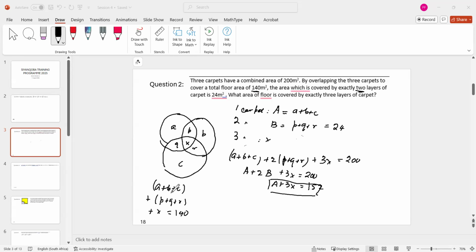So we can rename this as A, and P plus Q plus R is 24. Let's put this down here. A plus 24 plus X is 140.